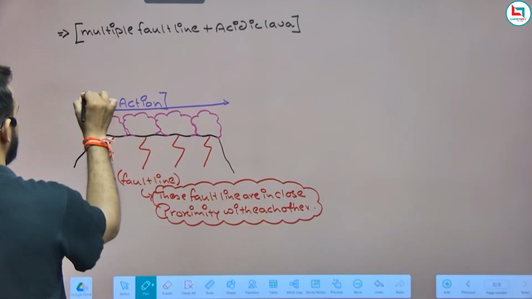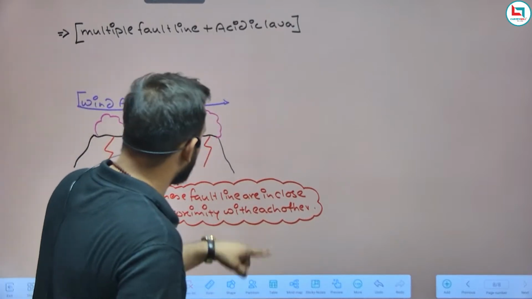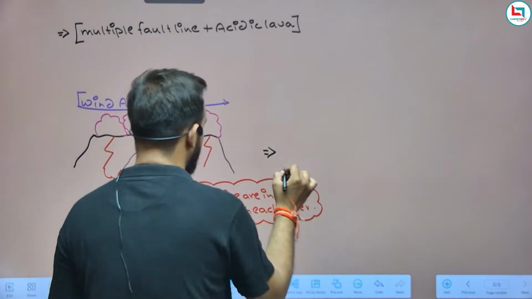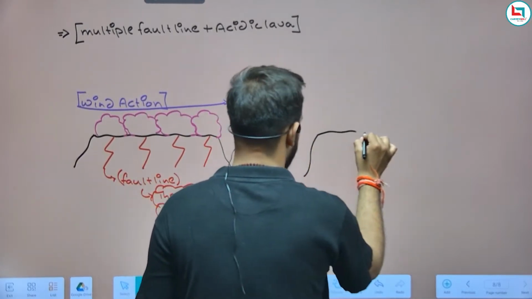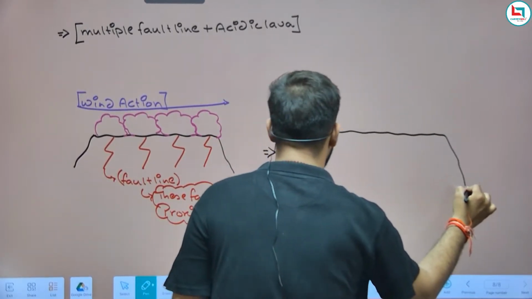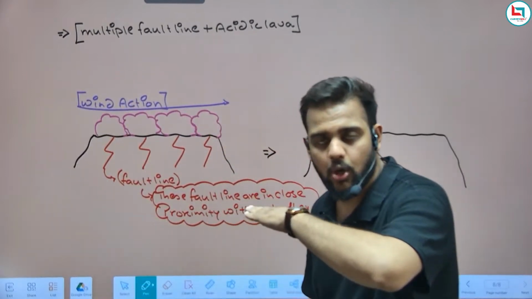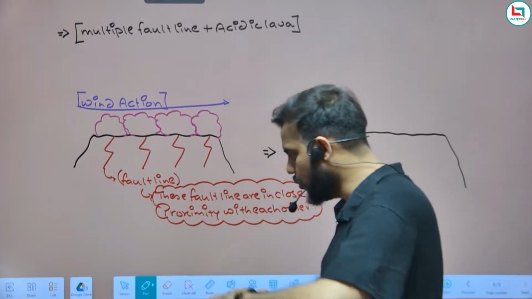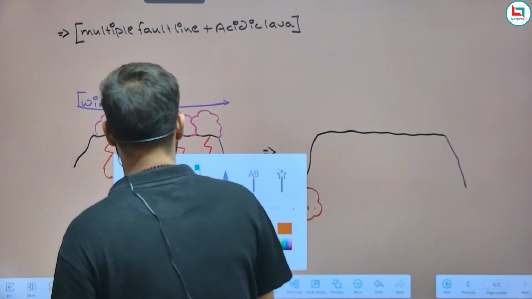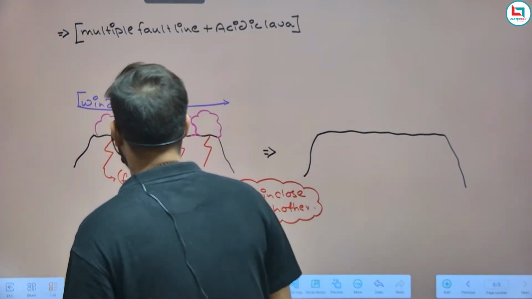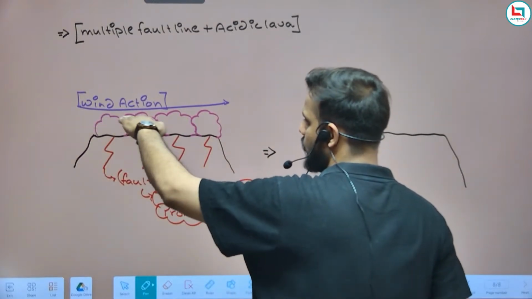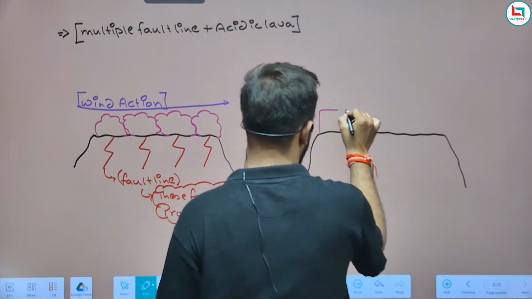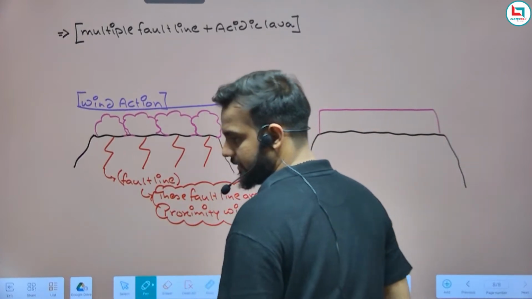And guys, due to this particular wind action, this structure will get converted into a top flat, like a tabletop like structure, smooth structure, due to the abrasion of the wind, due to the abrasive forces. The wind will erode the topmost thing and it will become the flat structures like this.